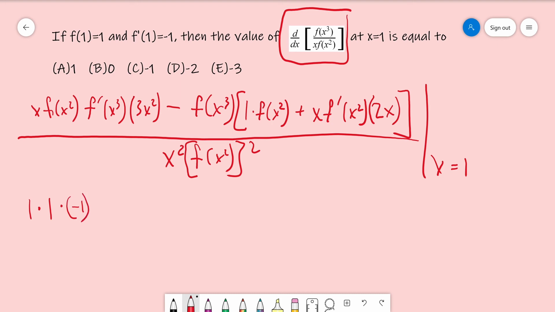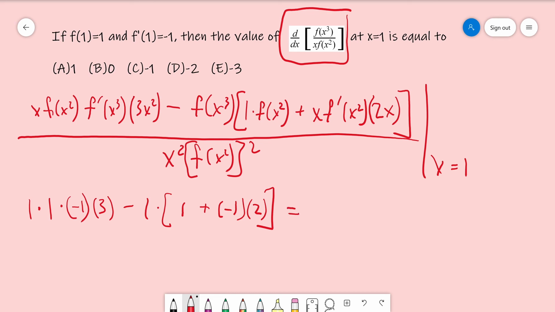And then 3 times 1 is going to be 3, minus f of 1 is 1, times 1 times f of 1, which is 1, so that's going to be 1, plus 1 times f prime of 1, that's going to be negative 1, times 2. And the denominator is just going to be 1 times 1 squared, so that's just 1.